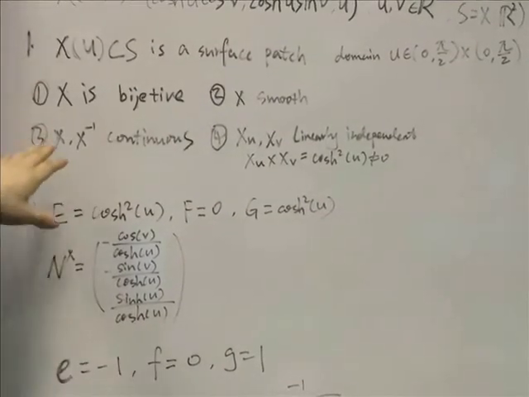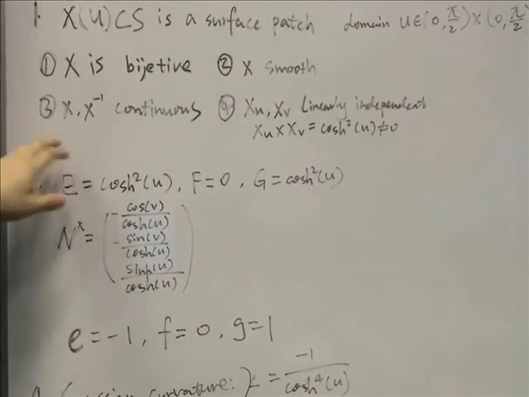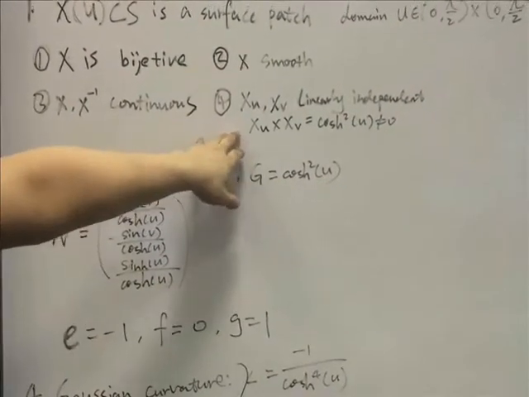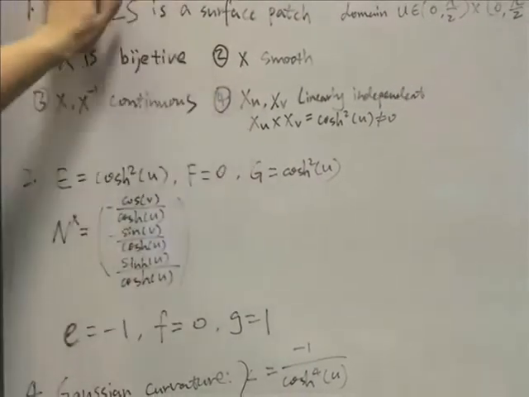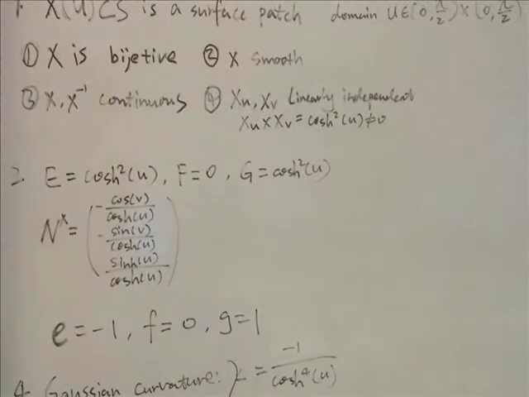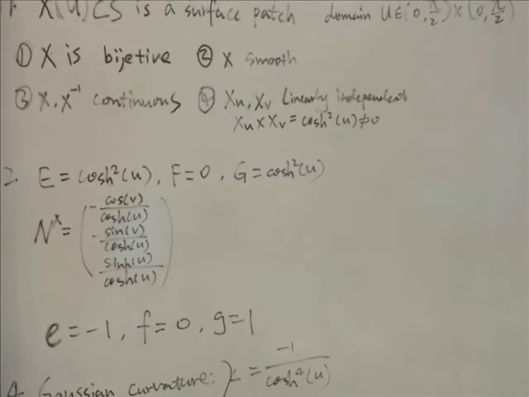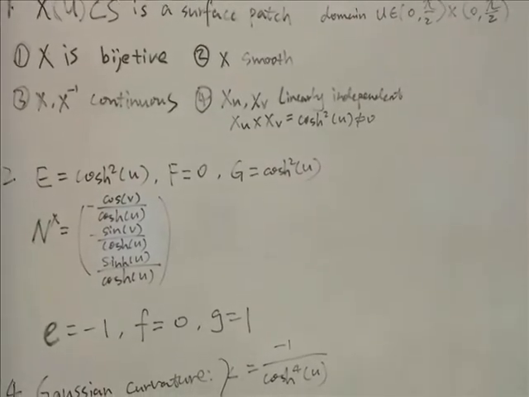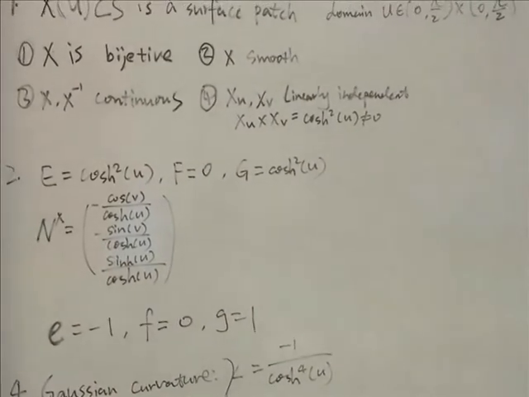So X is bijective and X is also smooth, and we found that X and its inverse are also continuous. And when we take the partial derivatives of the function, we found that both partial derivatives are linearly independent, and that the cross product of the partial derivatives is not equal to 0 at any point within the subset.